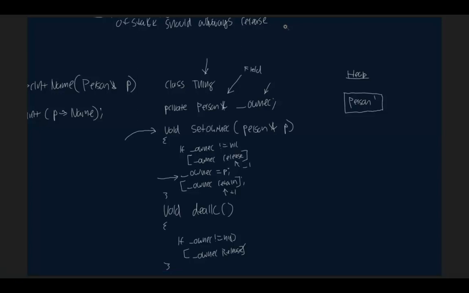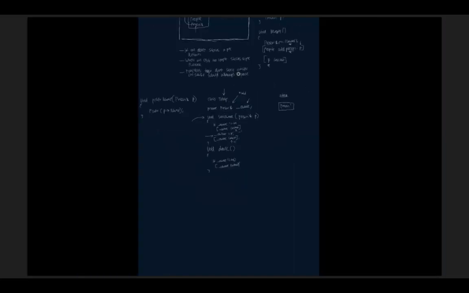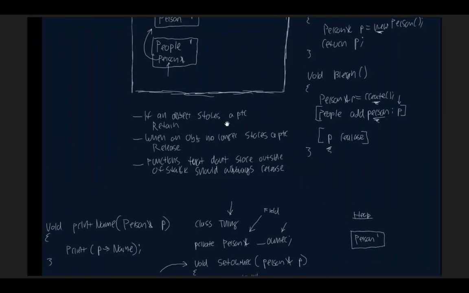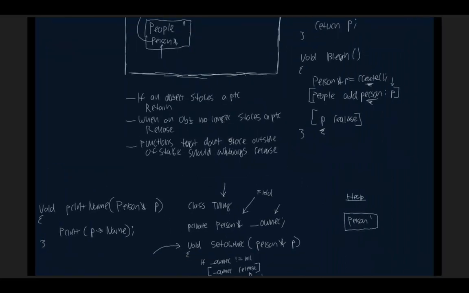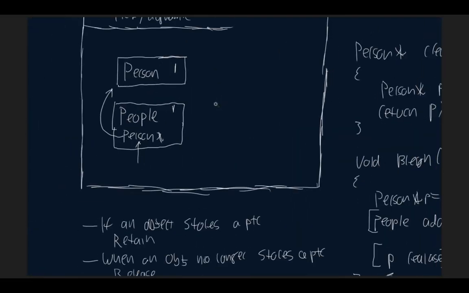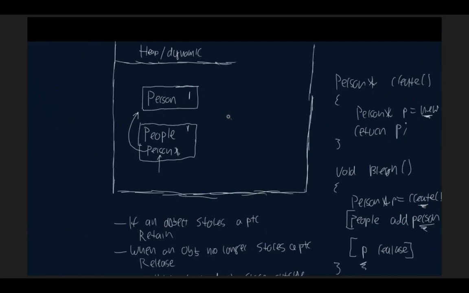I hope that I went over some of the concepts that are really important for understanding how we retain and release our objects and under what circumstances we might want to send the retain and release message to one of our objects. And again, just to recap, we do that so that our dynamic heap doesn't get filled up with unwanted objects.